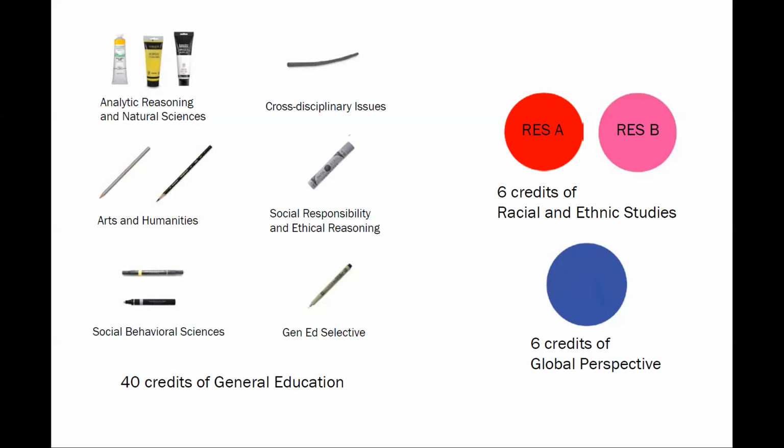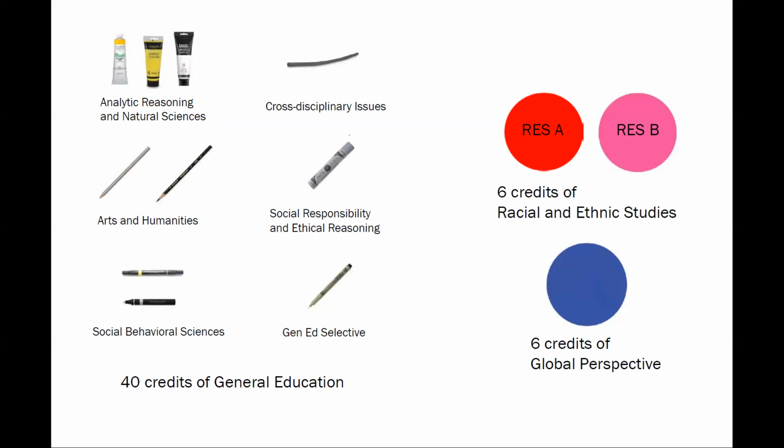So maybe our social responsibility, ethical reasoning pastel is red, and then our Gen Ed selective micron pen is pink. Or maybe a social behavior science is red, and then our other humanities colored pencil is red. Something like that, as long as it's on the general education list.